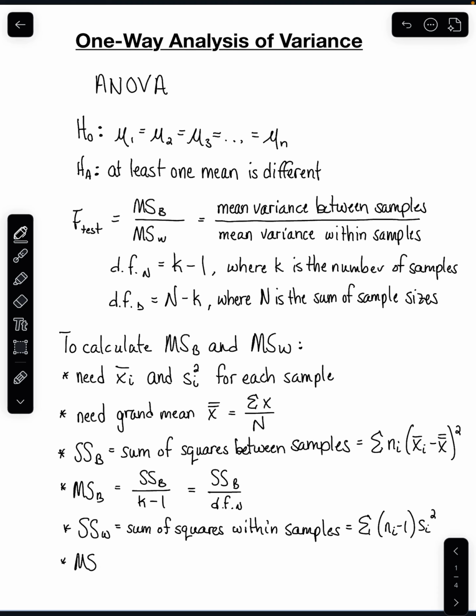The mean of the squares within the samples is going to be SS sub W divided by big N minus k, also known as the degrees of freedom of the denominator.